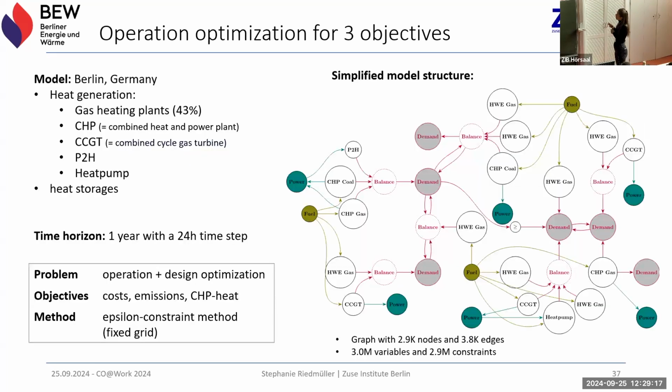Then again, we tried to apply at least one of the algorithms, the fixed grid algorithm, to the whole Berlin instance. This is the same as before. We have a little bit fewer variables and constraints because there is no investment planning here.